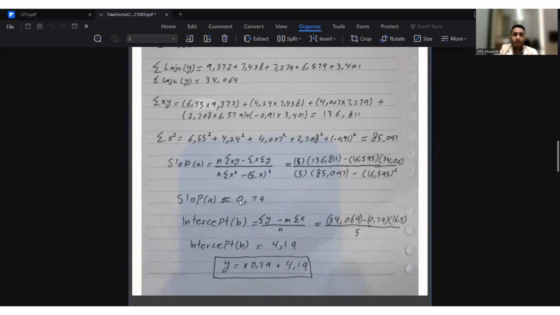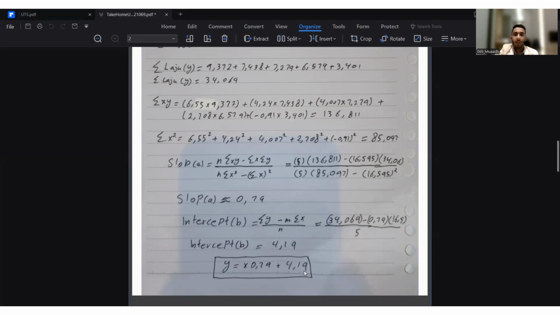The slope will be around 0.79. For the intercept, we take the total of y minus the slope multiplied by the total of x, over the number of animals, which is around 4.19. So y is equal to 4.19 plus 0.79 times x.